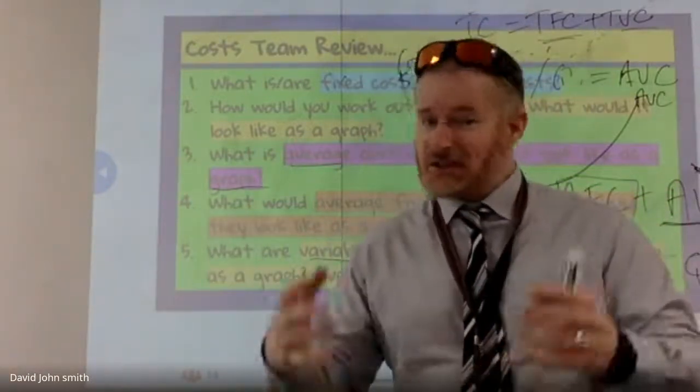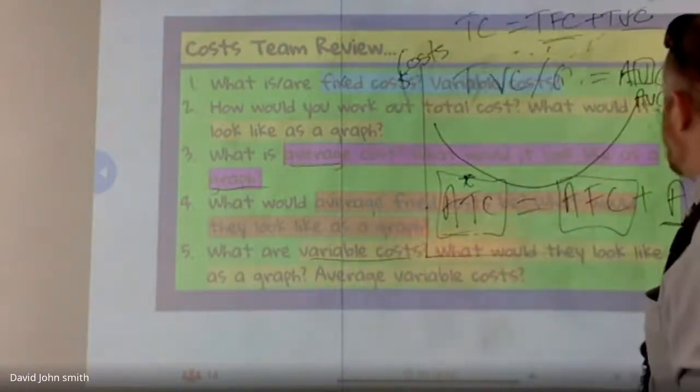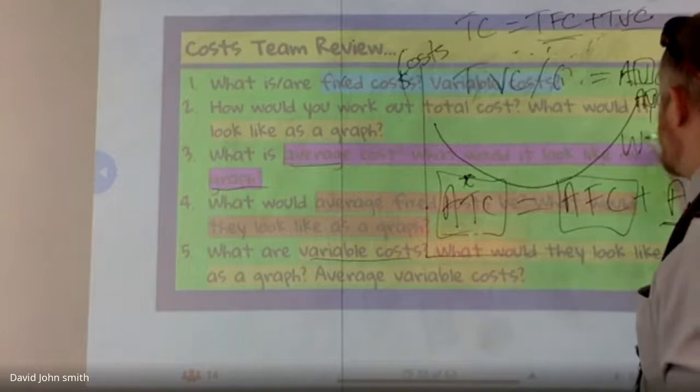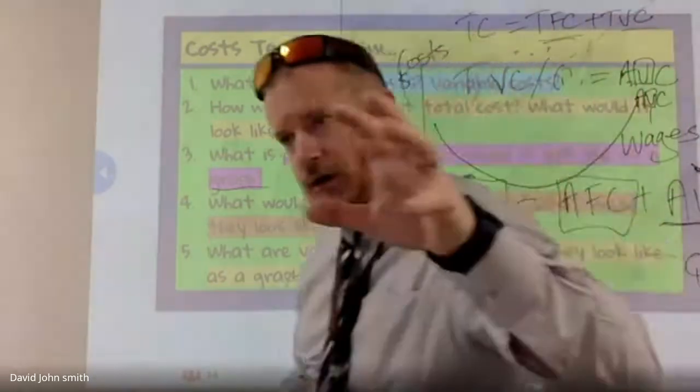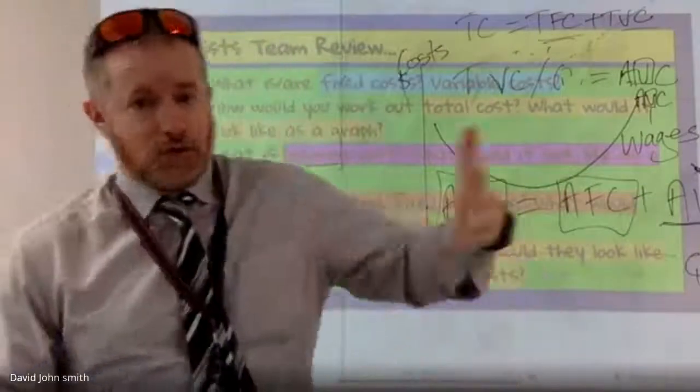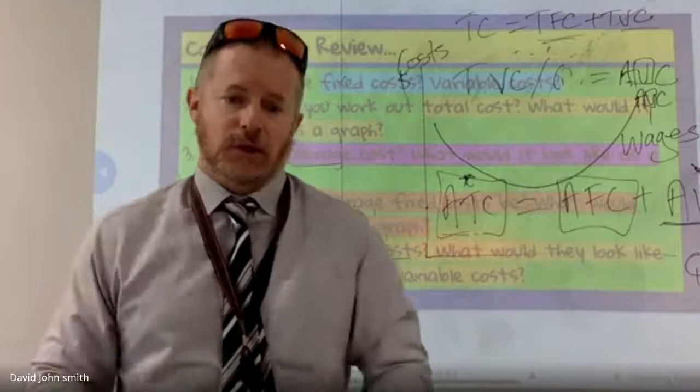It's actually in business a really important one, because remember your variable costs, one of those variable costs was going to be wages. How much your staff want to be paid. It's also going to be your resource costs, the ingredients for your hamburgers.